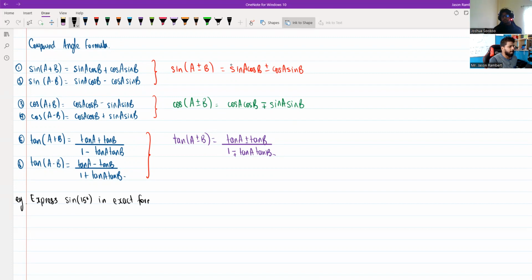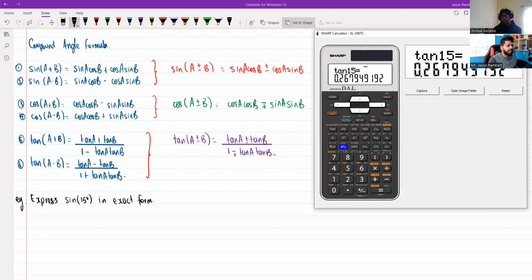Now, I've seen this happen already, and students will come and think, well, that is the exact form of sine 15 degrees. But the calculator can only express 10 digits. There are more digits. So let me see if we calculate on the computer.